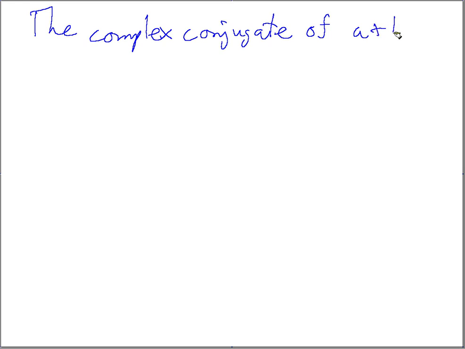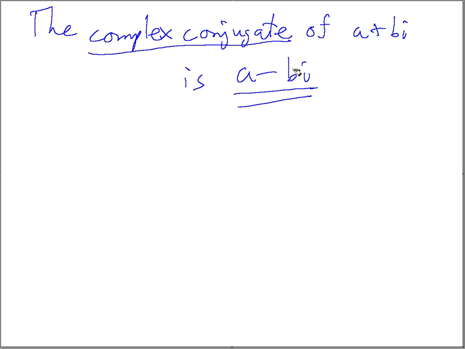Let me say that the complex conjugate, since we're talking about complex numbers, not just square roots that we had earlier, of a plus bi is basically what? Just change the sign of the bi: a minus bi. So it's basically that guy, right? Keep in mind that if you multiply them together, the imaginary component disappears, as we saw in the previous two examples.